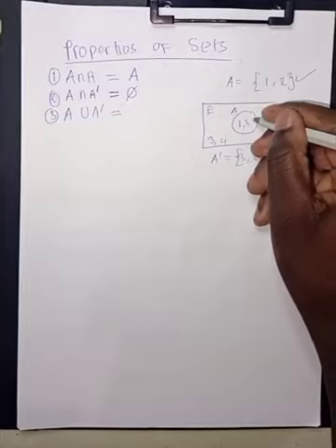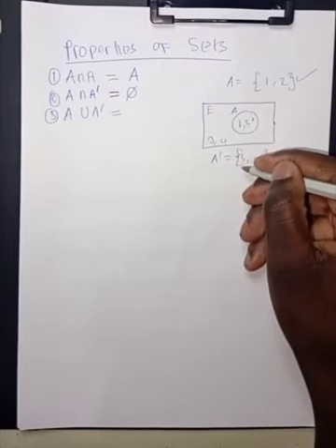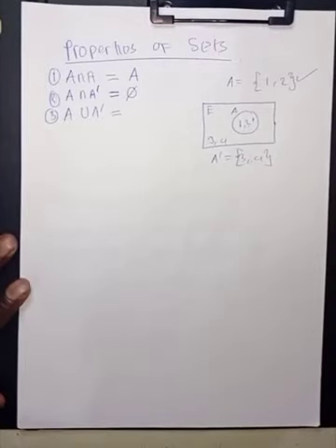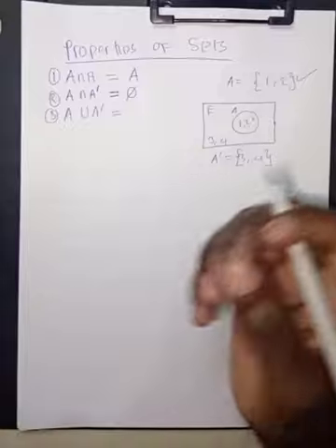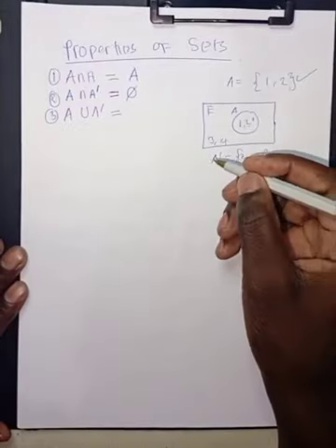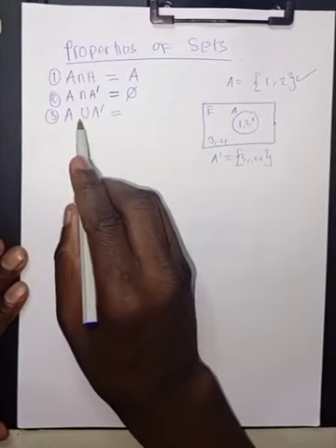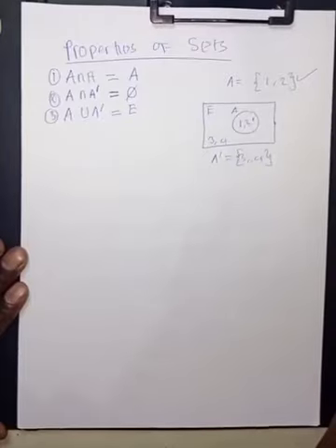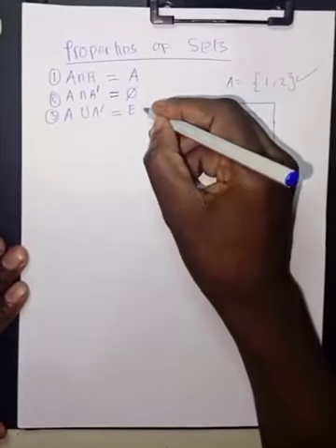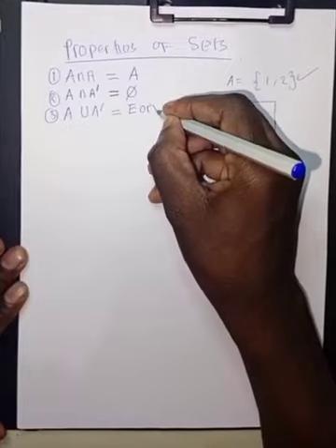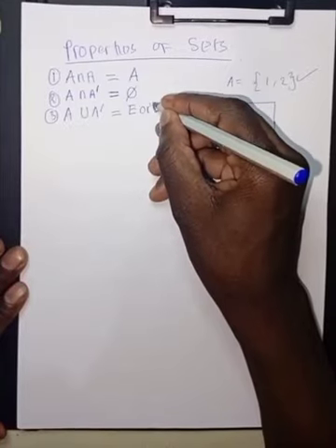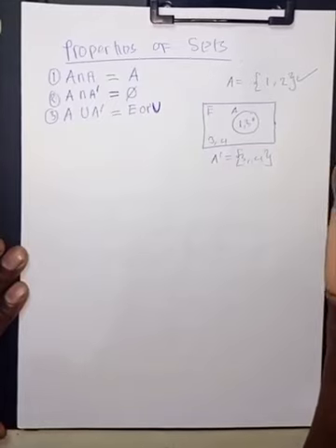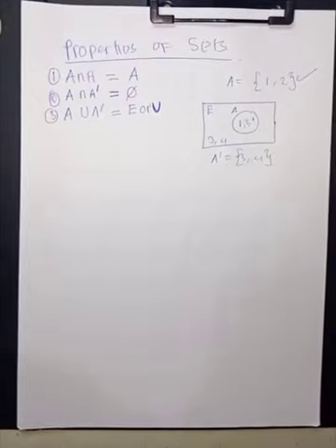So the single statement we should get from this is that A union A complement is basically the universal set. It can also be written using the letter U.